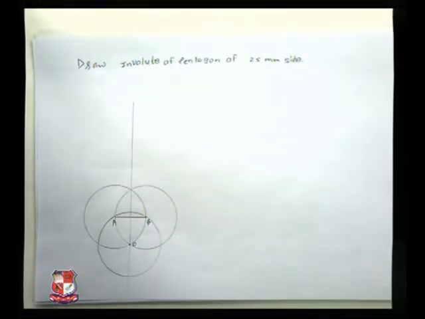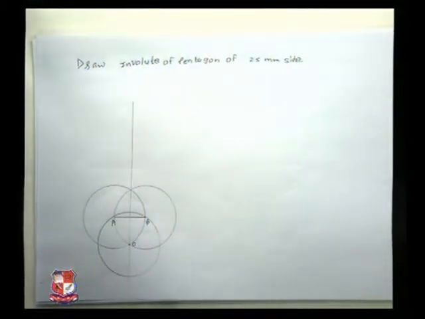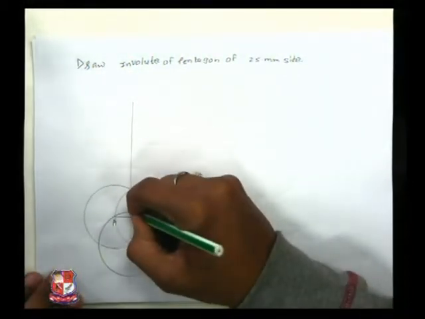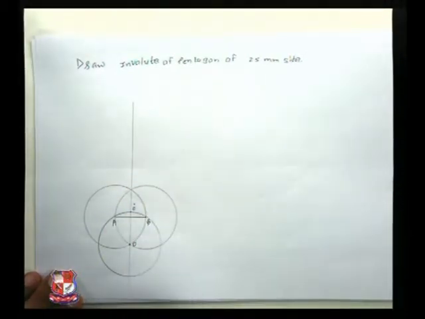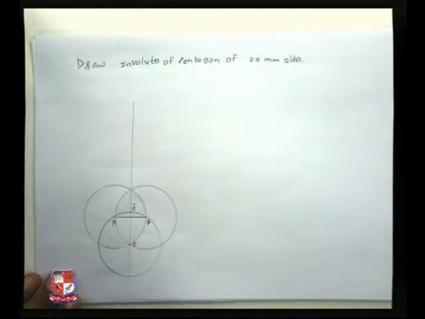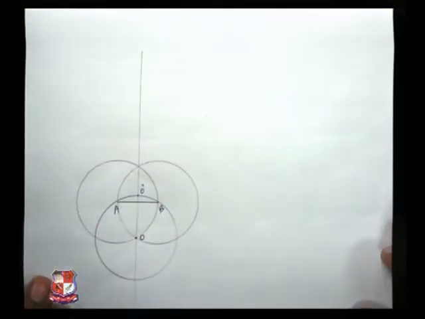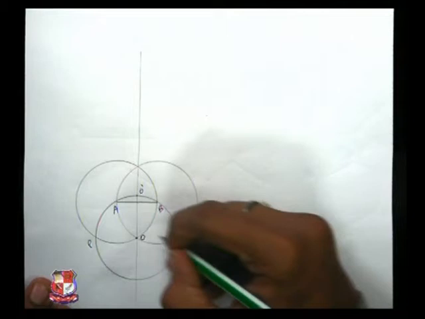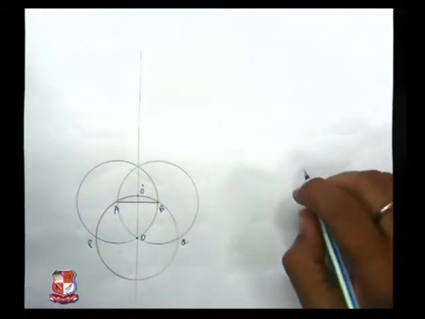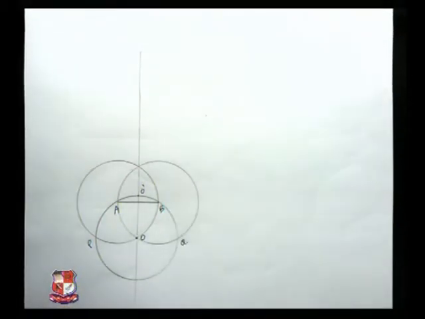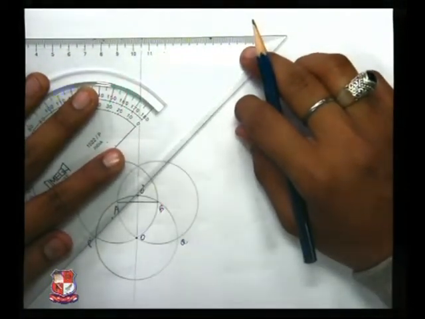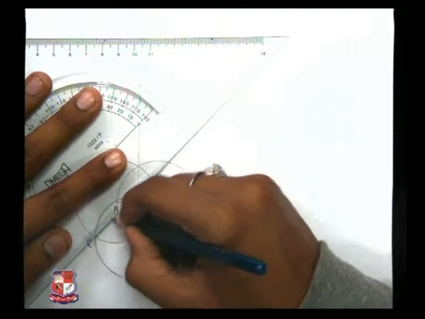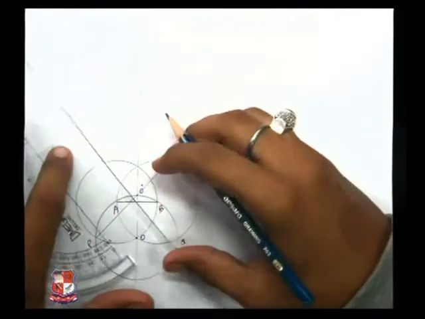With O to B as radius, the third circle is drawn, and where this intersects with the bisector is called O dash, and over here P, over here Q. Now extend that line P to O dash, extend till the end.